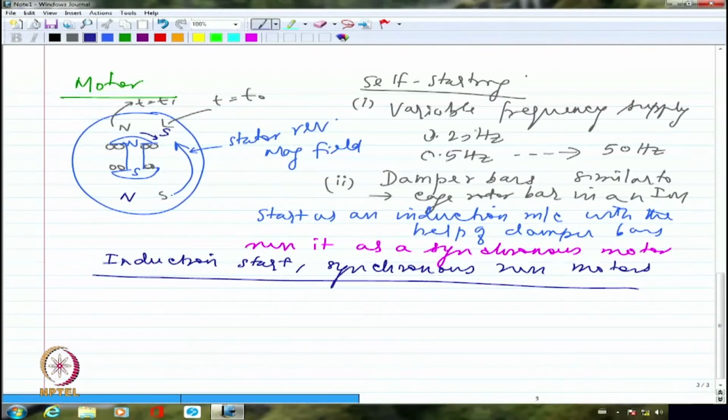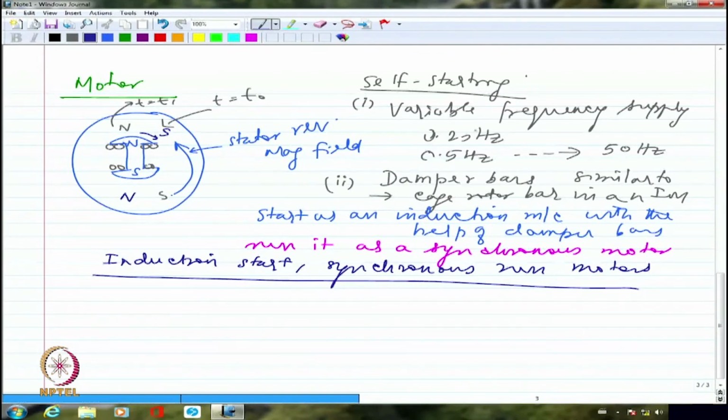I am not going to have so many cage rotor bars. So I have to look at how much torque and how much current I will require to start this machine. That may be enormously high for a very large capacity synchronous motor. So induction start synchronous run motors are generally used only in somewhat lower capacity.